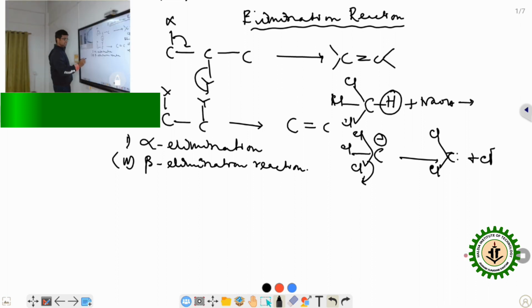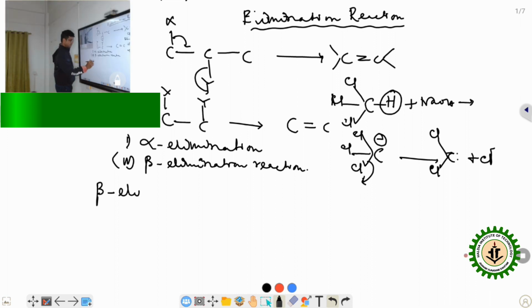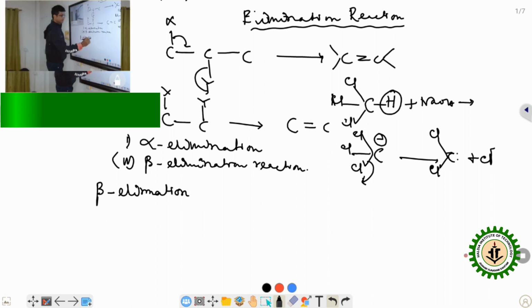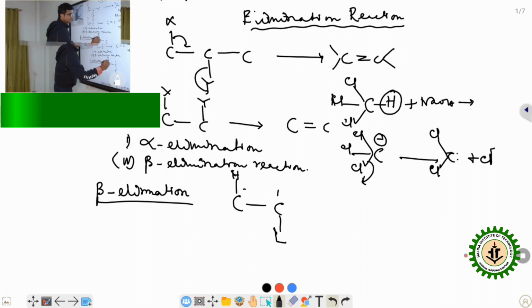Now beta elimination reaction. Beta means that the two groups, here the eliminated proton and the leaving group, are at the 1-2 position. Say L is the leaving group and H is the beta hydrogen, this is 1 and 2.